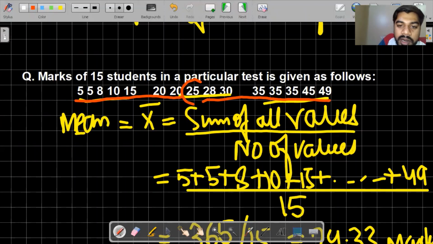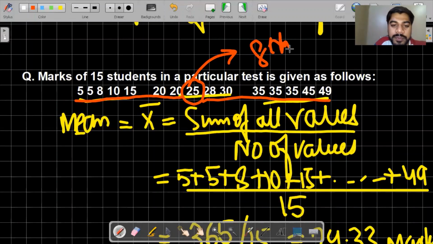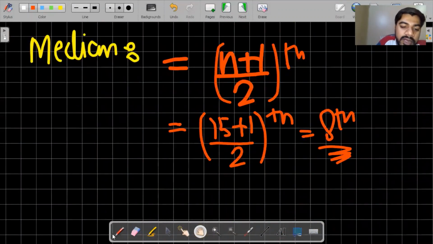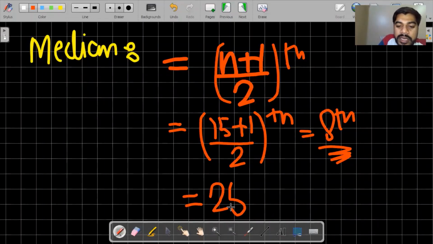The central part is this one, or as calculated by the median formula, the 8th term, so you can just pick that value. The 8th term here is 25. So yes, the median marks of the following class is 25 marks.